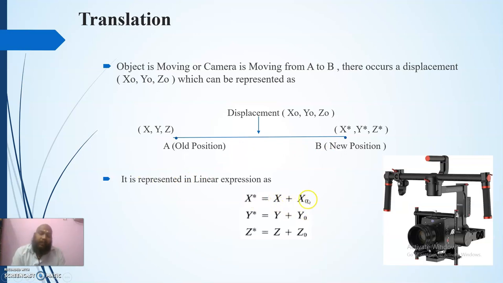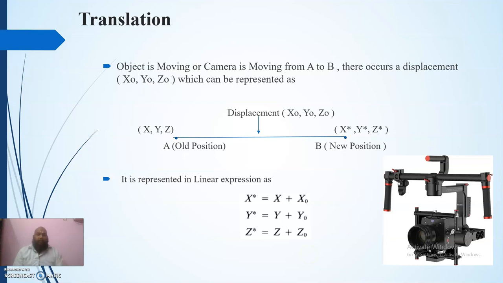Here x naught is the displacement, x is the old position and x star is the new position. Like that we can give it for all three coordinates.